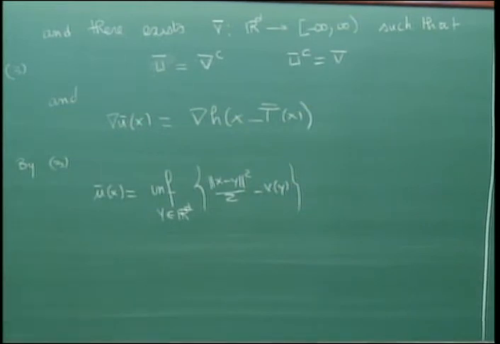This is what the c-concave transform is when c equals |x - y|^2 over 2.